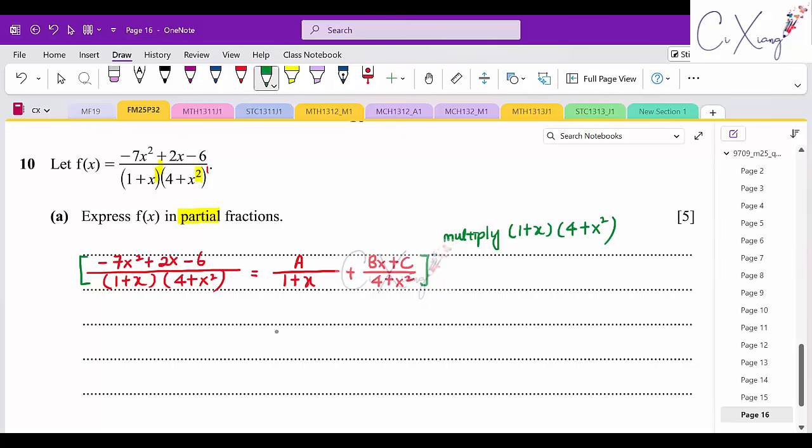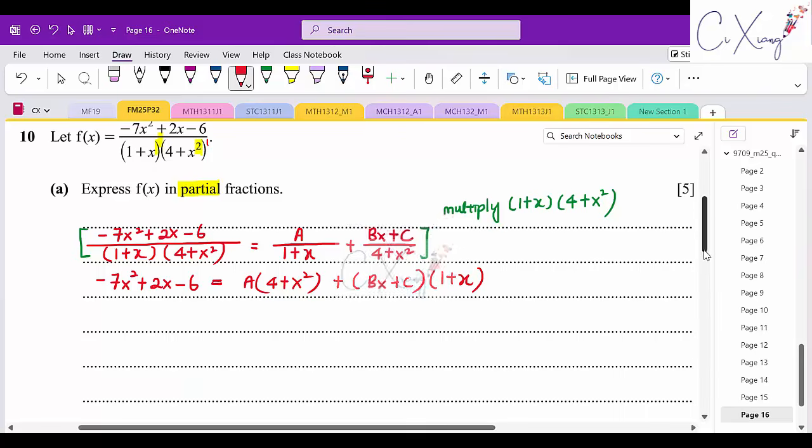On the left hand side, your denominator disappears. You have negative 7x squared plus 2x minus 6 equals, on the first term, 1 plus x and 1 plus x cancel with each other, so you have A times 4 plus x squared. Then for Bx plus C it is the same. You multiply it with this whole thing, so 4 plus x squared and 4 plus x squared simplify, and therefore you have Bx plus C times 1 plus x.